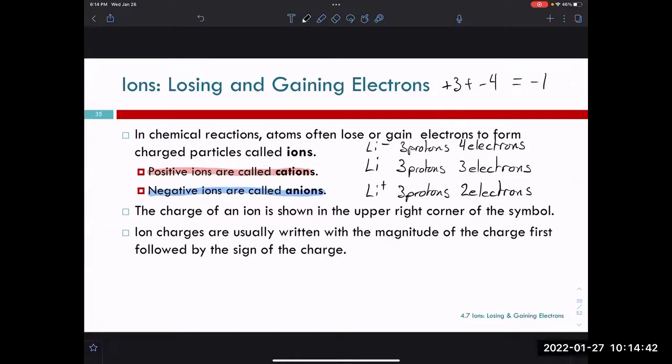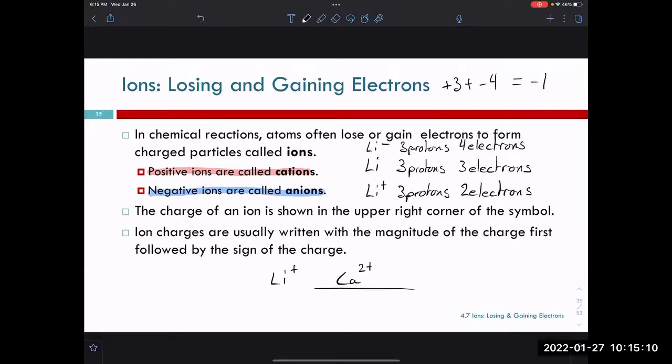So we write them like this, where the charge is in the top right corner. You can have things with more than a +1 charge. We usually write it with the magnitude of the charge first. So if we have calcium, we write 2, then plus. Make sure that this is a superscript.